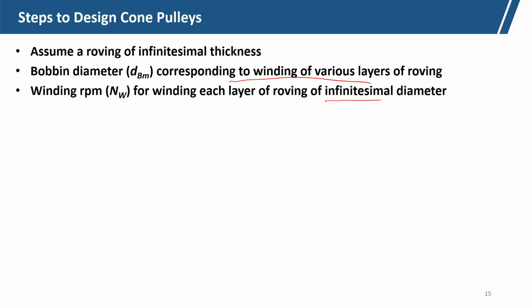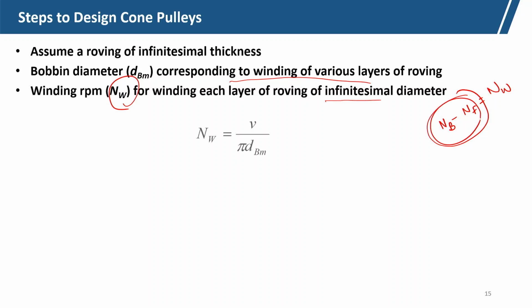So what is the roving winding speed? Nb minus Nf is the Nw, that is the winding speed. Effectively that speed is used to wind the roving on the bobbin.